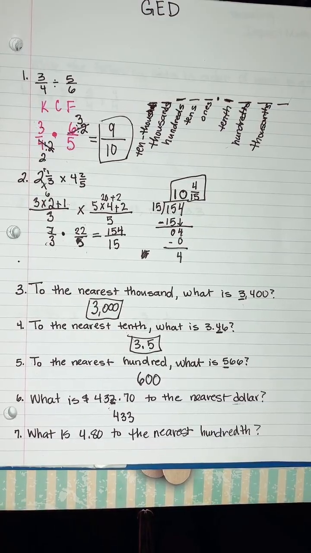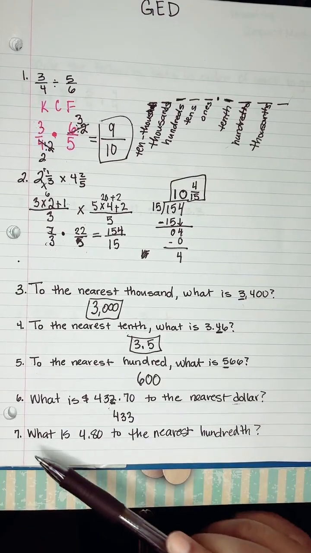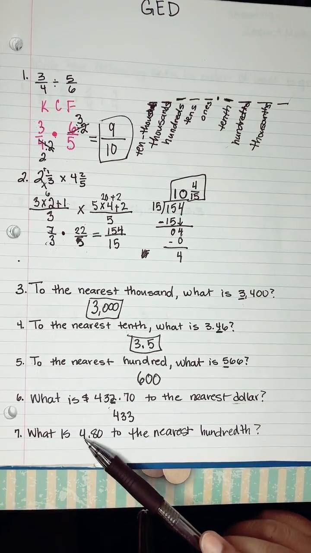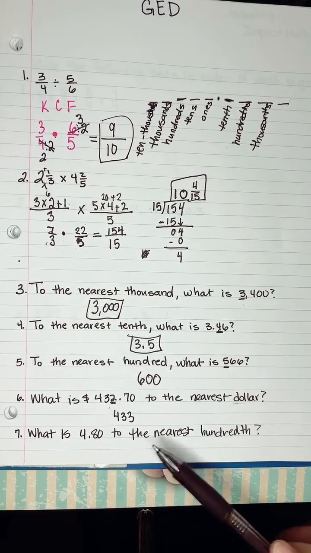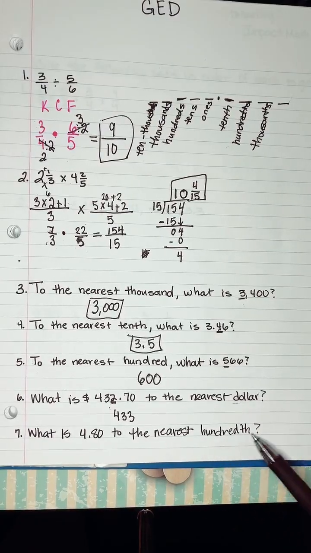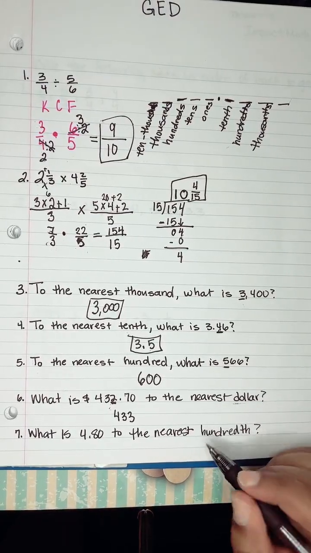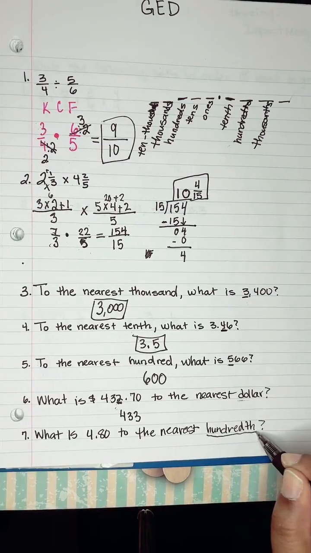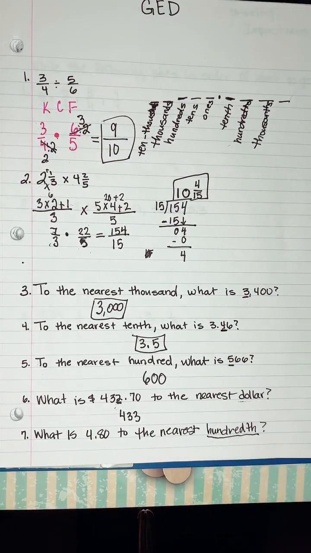So would the bottom question be 5.0? Okay. So let's talk about that, Latia. Great question. So for number 7, it says, what is 4.80 to the nearest hundredth? So where is the hundredth spot? Let's put it in the chat.